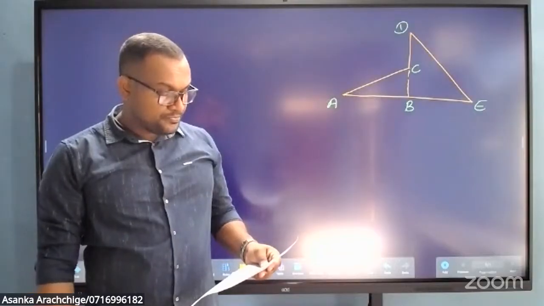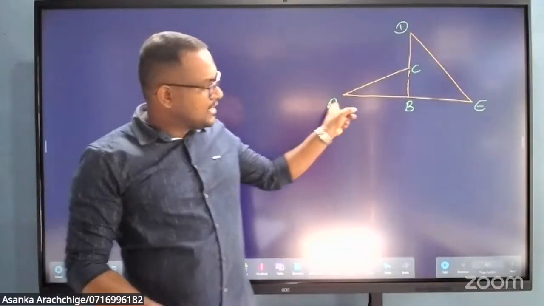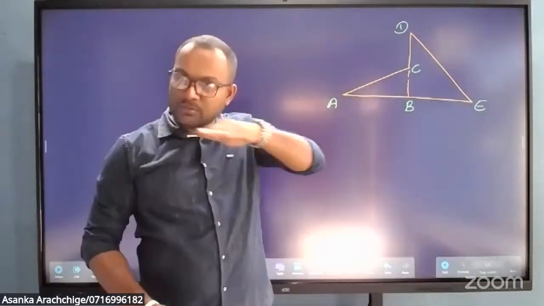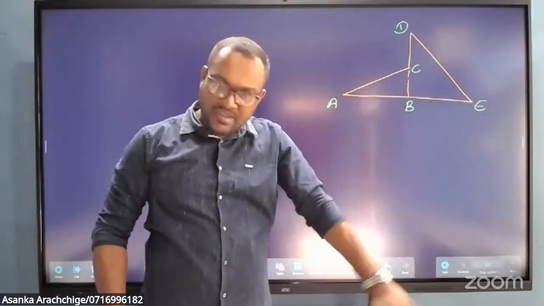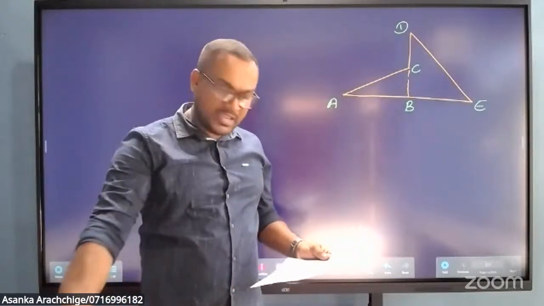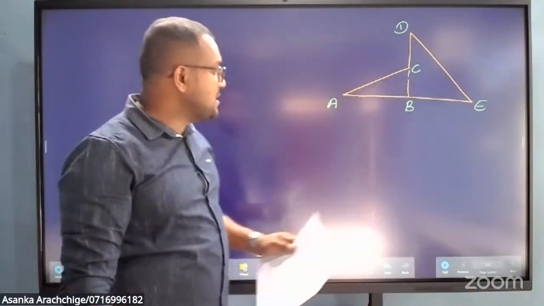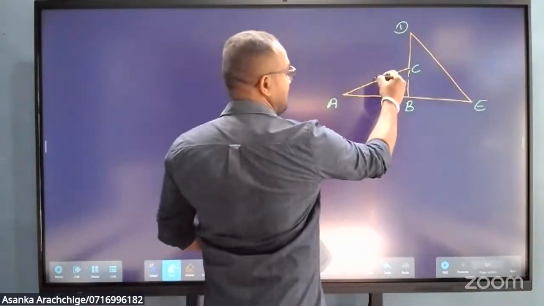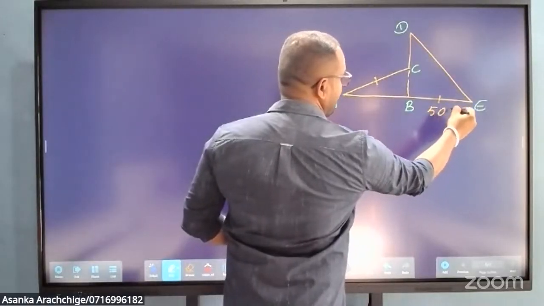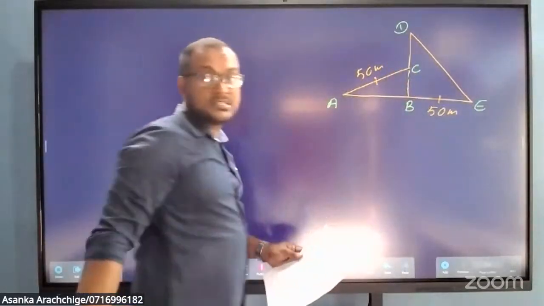Here, ABE is a horizontal plane. ABE කියන්නේ horizontal plane එකක්, just like the floor where we are standing on, right? මෙන්න පොළොව වගේ. AC is equal to BE, each 50 meters. මේ දෙන්නම 50 meters කියලා කියනවා.